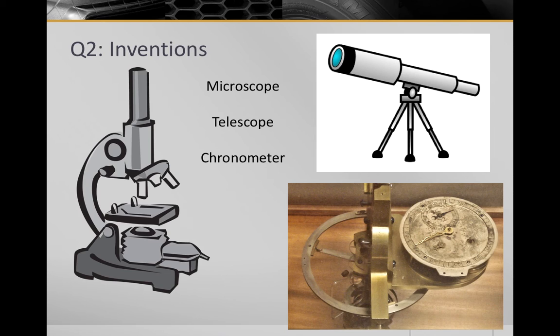And the chronometer is a technology that allowed for explorers to keep time and calculate their ship's position.